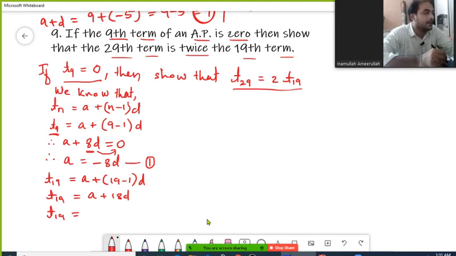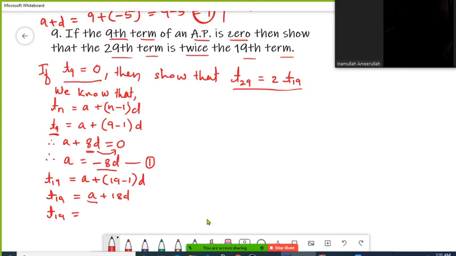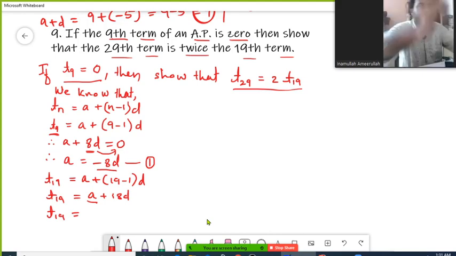Here we have a, and the value of a is minus 8d from equation 1. So in place of a we can substitute minus 8d plus 18d.